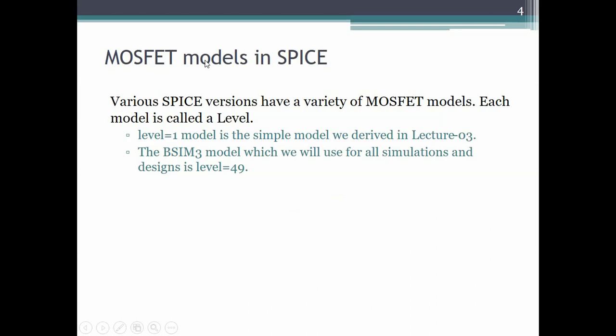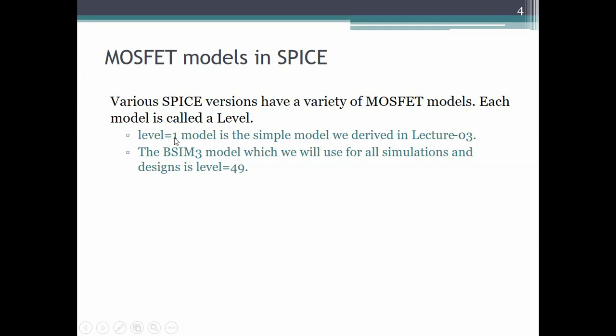As I have mentioned before, there are many models of MOSFETs that have been developed in the last 50-60 years. The one we derived is the simplest model. In SPICE, different MOSFET models are identified by a level number.